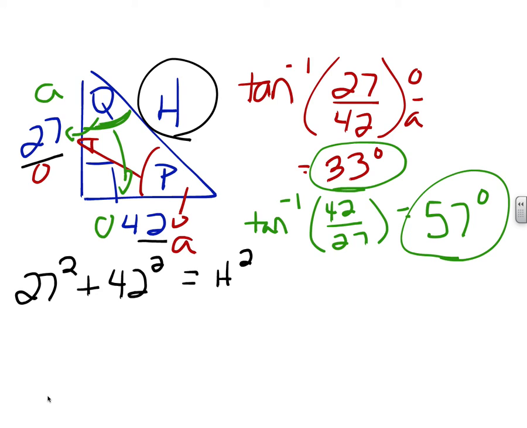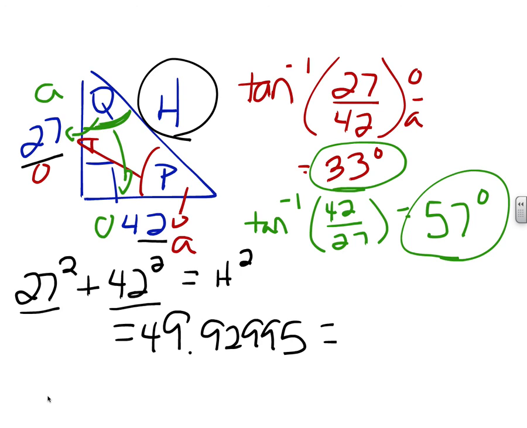So we don't have any algebra to do there. And after squaring, of course, and adding them, we need to square root that answer. So square root the answer, and we come up with 49.92995. And of course here, this only had 2 sig figs and 2 sig figs, so we would round that out to 50.